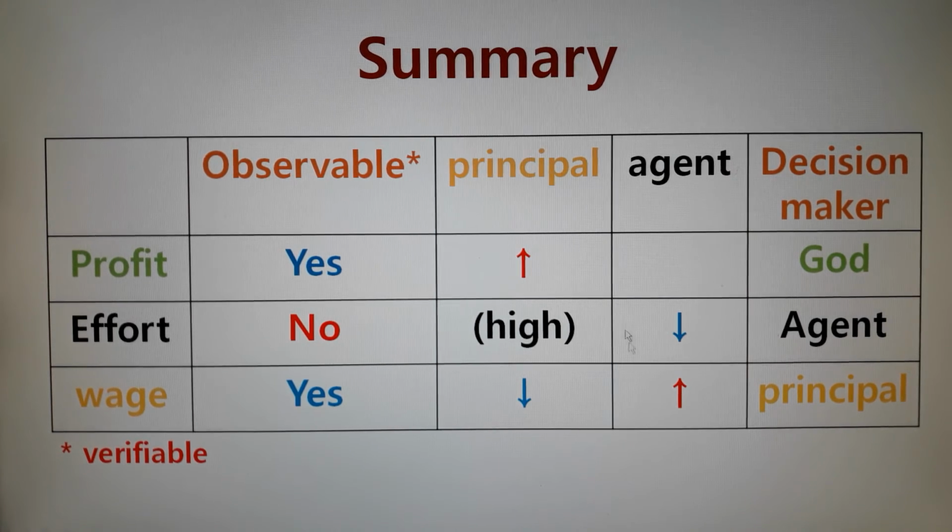That's why I like parenthesis high. What about the agent? The agent does not want to work hard, period. I mean, if I get the same salary, if someone asks me, oh, your salary would be the same, would you rather teach 4 courses per semester or 2 courses per semester?